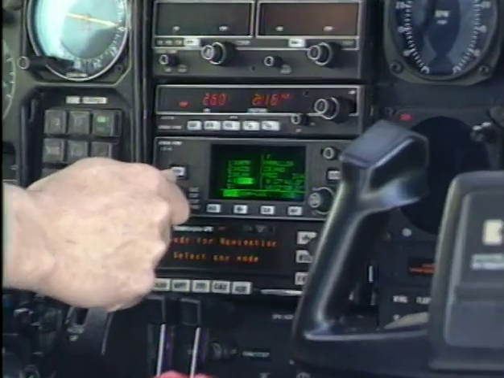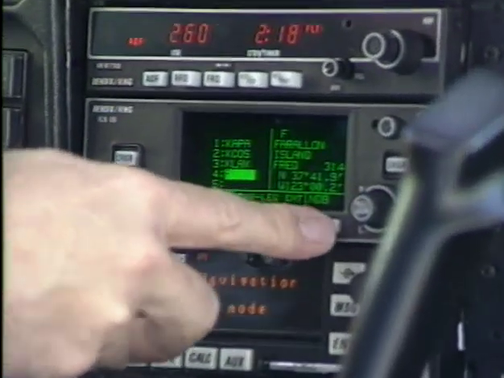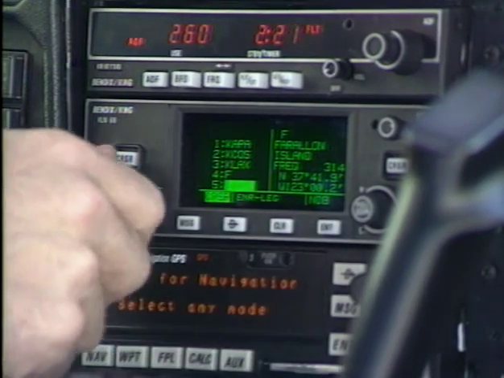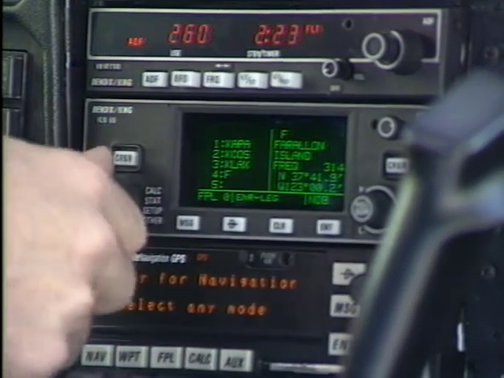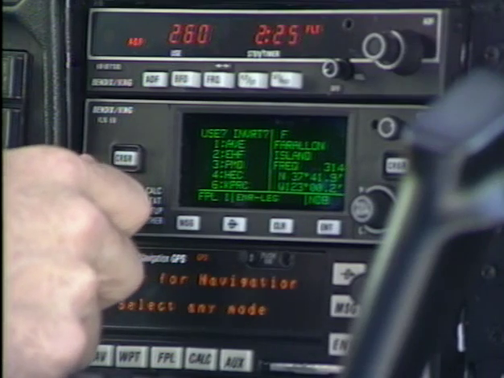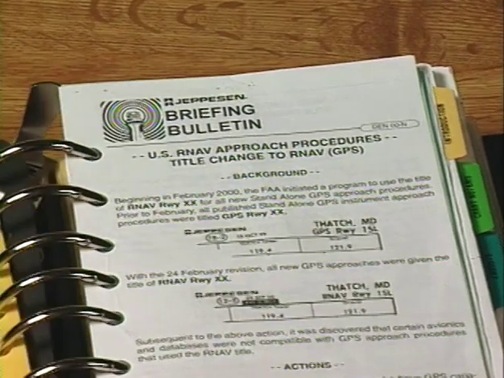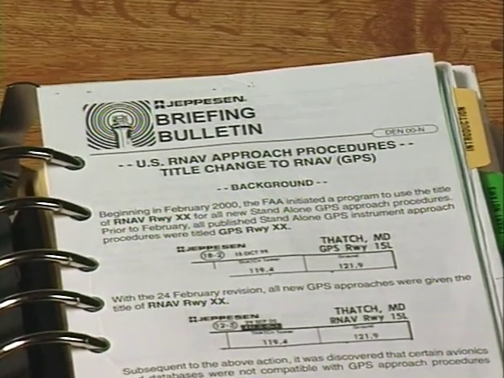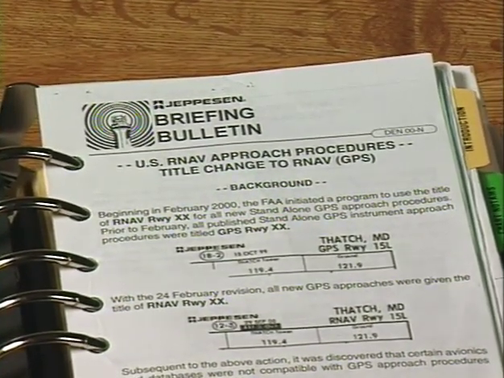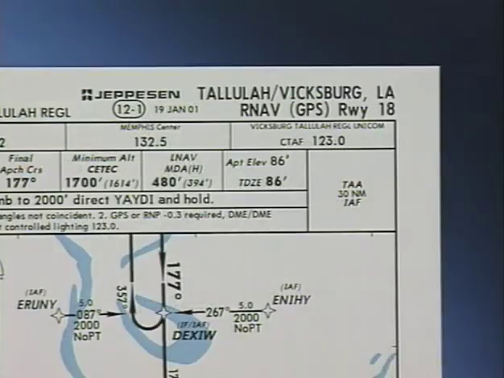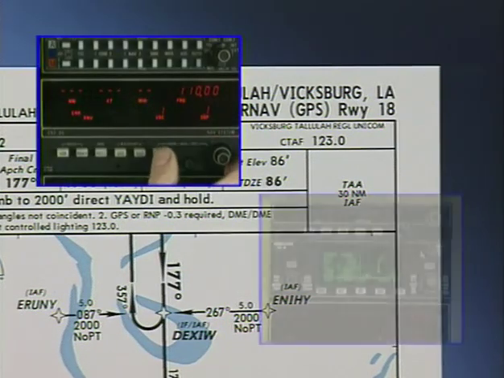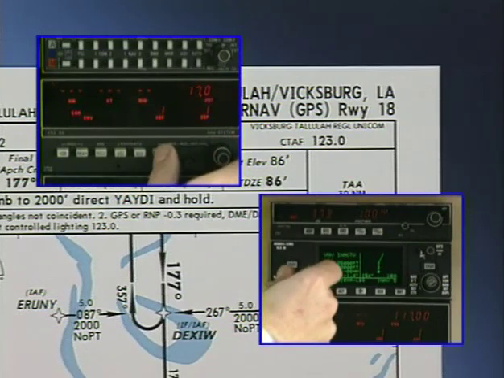GPS and other area navigation systems are becoming more commonplace as new electronic navigation equipment is being developed and installed in commercial as well as general aviation aircraft. In order to support the full integration of area navigation into the National Airspace System, the FAA has developed a new charting format for all RNAV instrument approach procedures. This format incorporates all types of approaches that use area navigation systems, including ground-based, satellite-based, and other approach-approved systems.